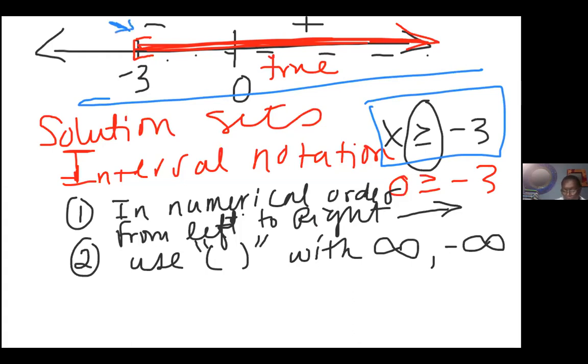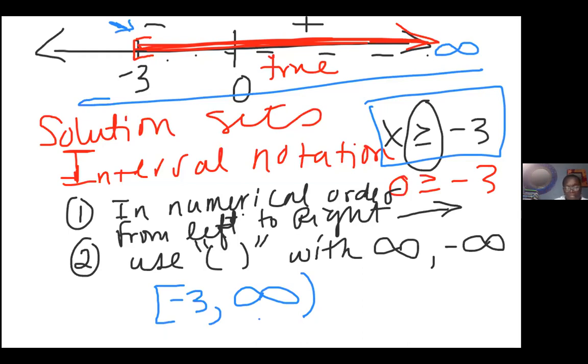On the left, I have a bracket with the -3, and my set of solutions continues all the way to the right up to positive infinity because they continue indefinitely. So guys, this would be an expression of the solution set in interval notation. And that's it, guys. That's your interval notation. Interval notation takes getting used to, but once you get used to it, it's a very easy process.